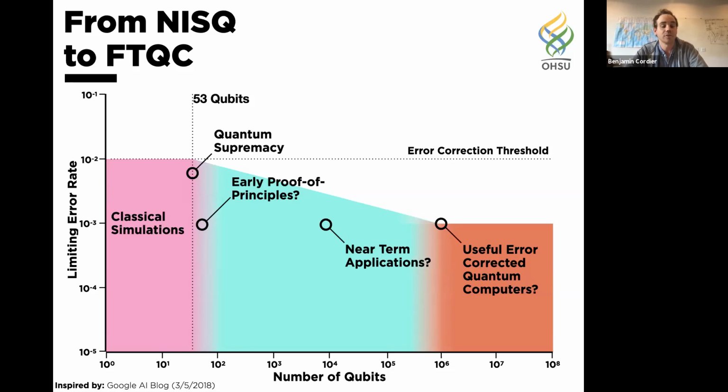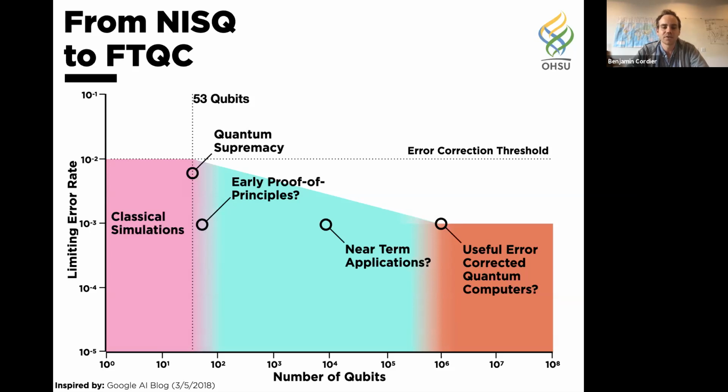I don't think this was a single moment, rather it's going to be a process. Then, with more than 53 qubits, can we start to develop early proof of principles and maybe even demonstrate some quantum advantages on specific domain problems? And as we scale these up, can we get near-term applications? We need lower error rates and more qubits.